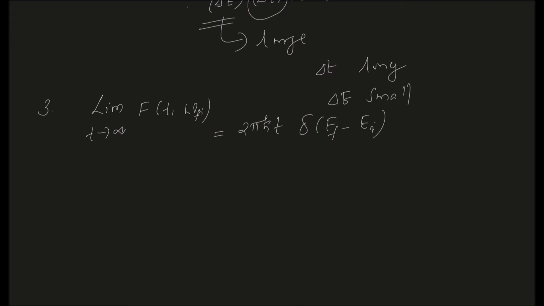Then what is the implication? In that case, the probability for making a transition from i to f is given by |Wfi|² divided by ħ², then you have 2πħt δ(Ef − Ei).